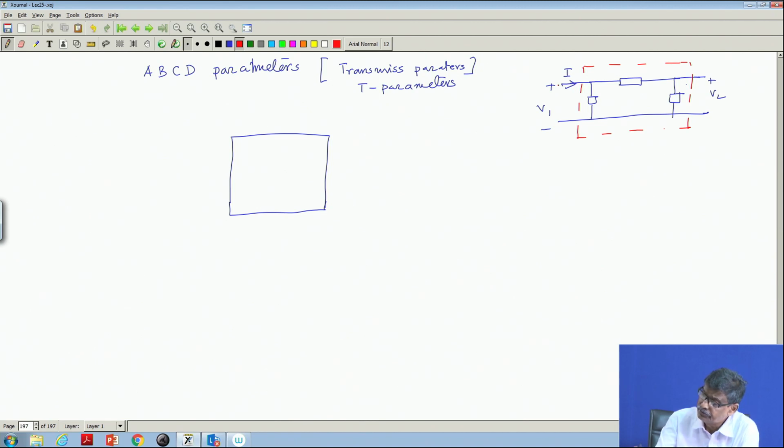So these two are the sending end, the input port, and these two are the receiving end, the output port.